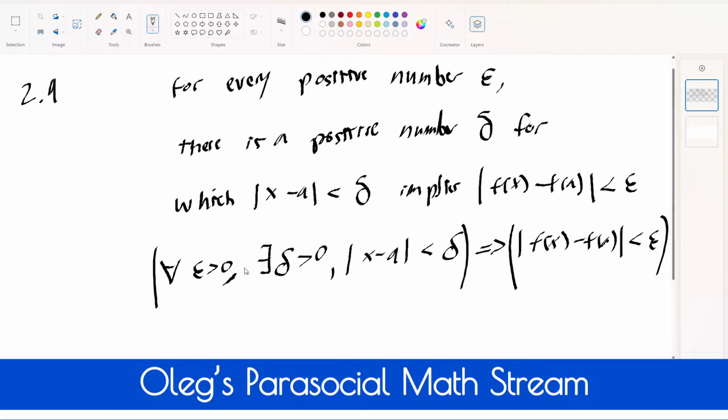Let's read it one more time. For every positive number epsilon, so all epsilon greater than 0, there exists a positive delta greater than 0, for which we're going to say this. Okay.